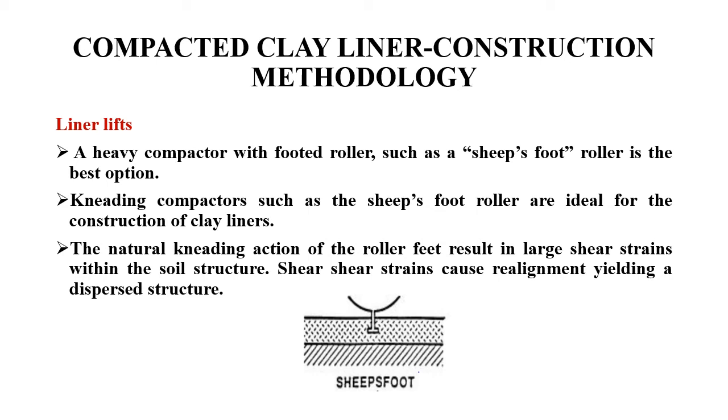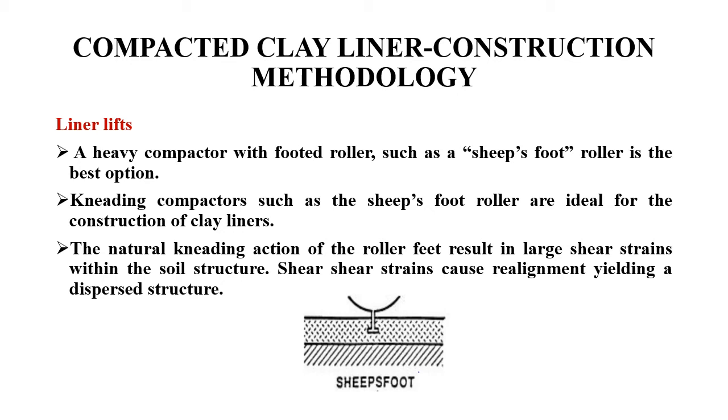As shown in this figure, your roller will be a vehicle having a drum at the front end. This drum will have the sheep's foot projections embedded over the entire body of the drum, and it will pass over the liner lift that has been poured, to compact it.